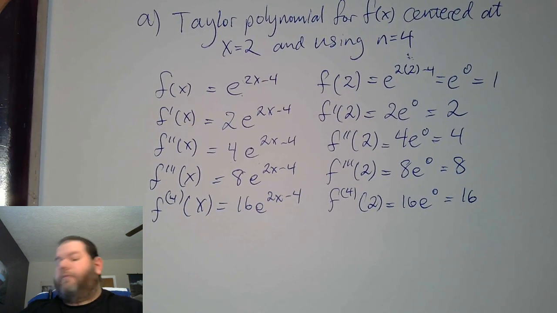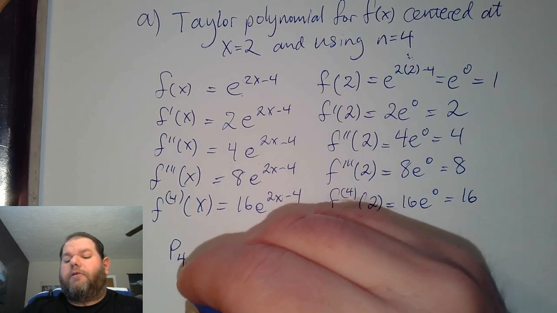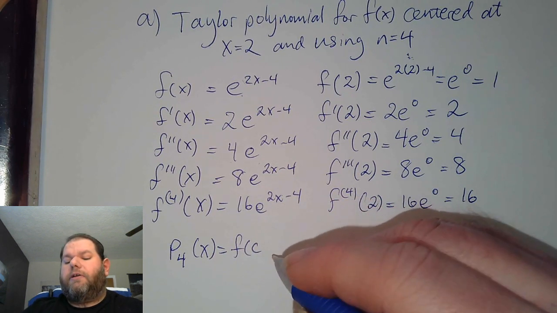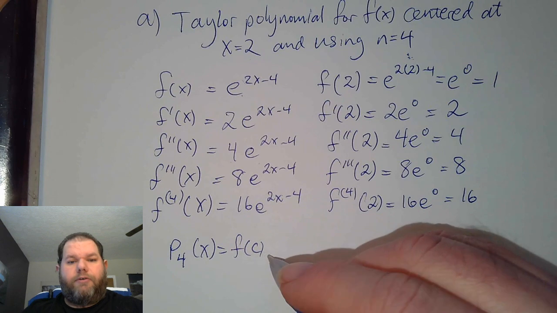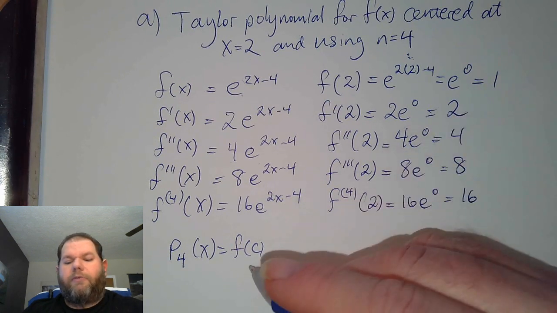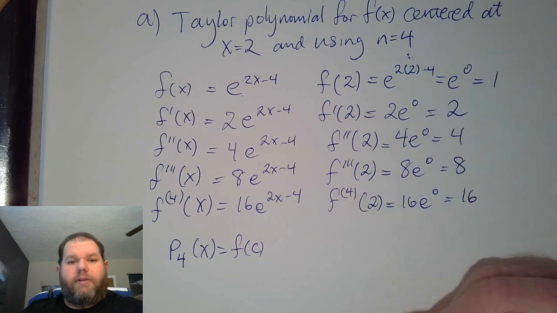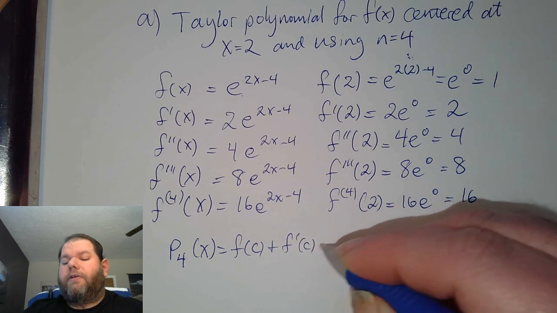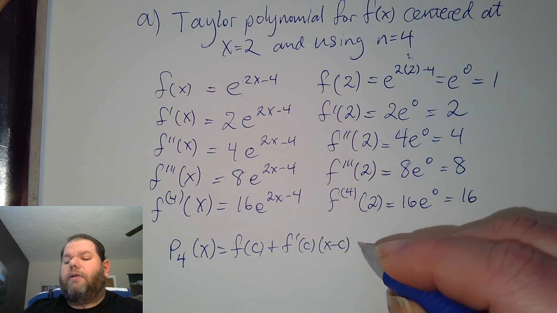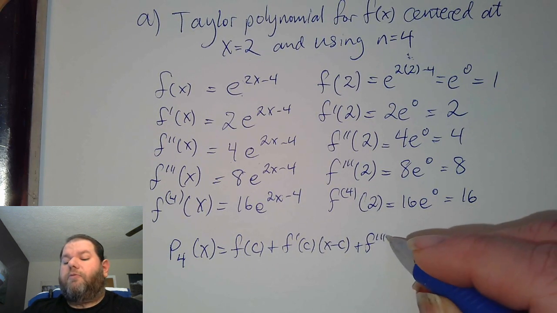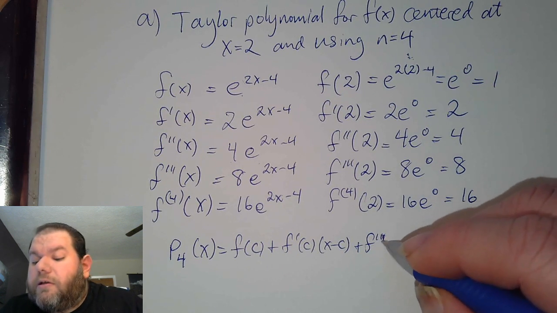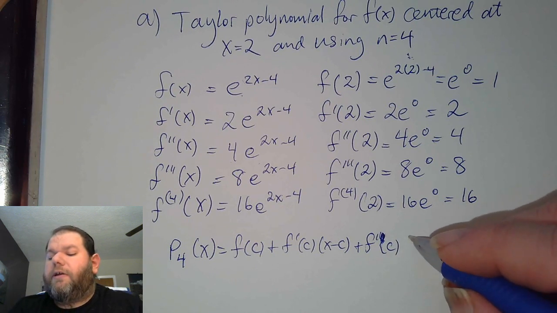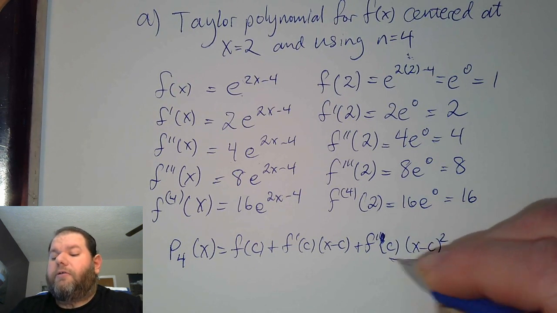Now, our fourth Taylor polynomial is going to be f of c. C is the center value, so I'll use the generic formula, and then we'll plug in all the values in the next step. Then f prime of c times x minus c. F double prime of c times x minus c squared over 2 factorial.